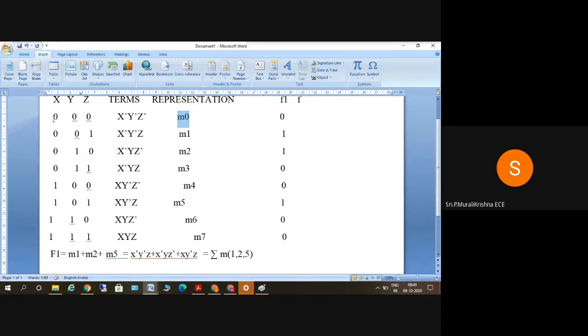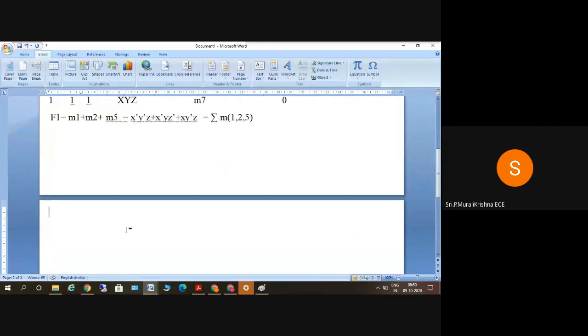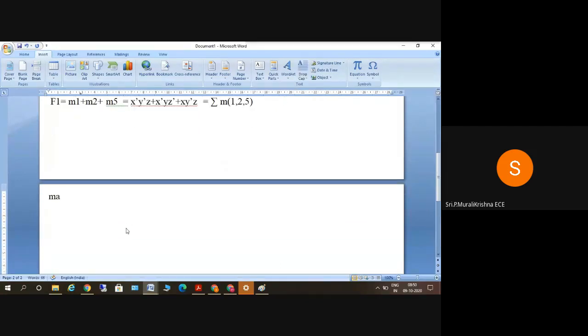So what are the values here? For the complement, XYZ will be 1, 1, 1. And here the terms will be the same. In minterms, 1 is the complement form and 0 is the normal form.